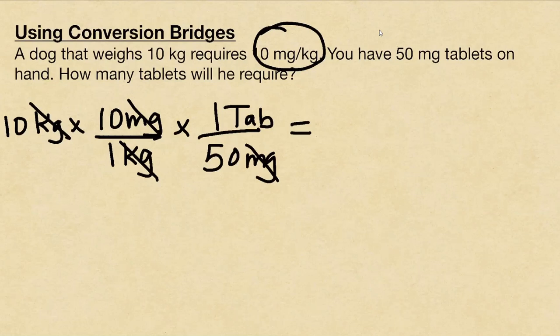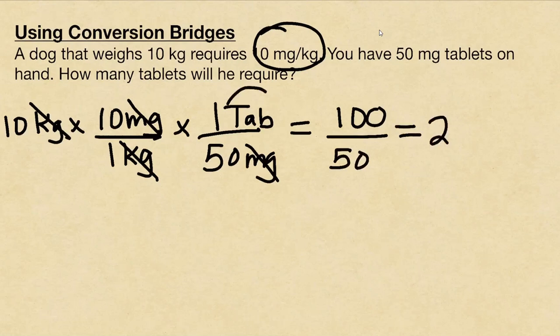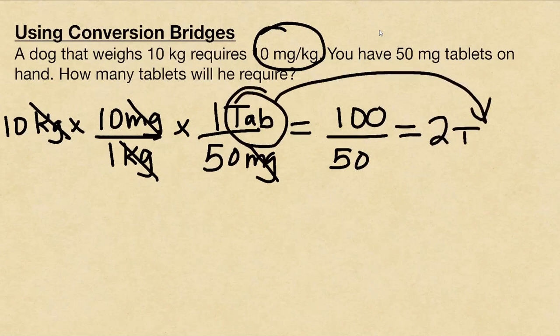So 10 times 10 is 100. 1 times 50 is 50, and that leaves me with 2. The unit that I'm left with on this side, I'm just going to transfer over here. So this dog is going to be getting 2 tablets. That's just a quick and simple conversion bridge.